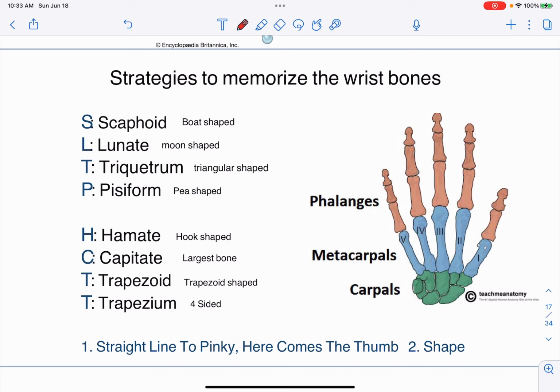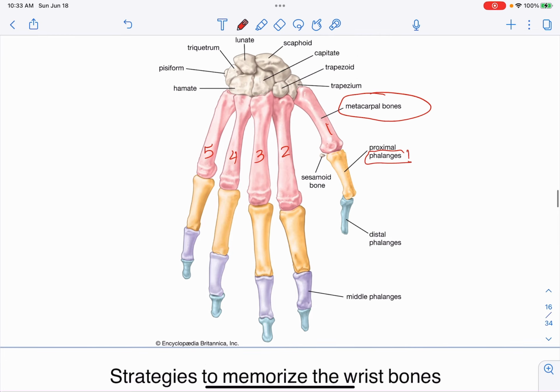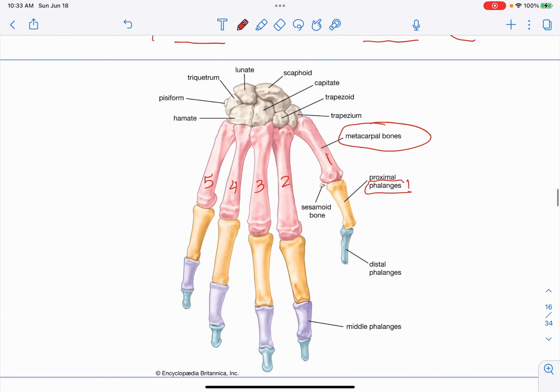This one does. It also gives you direction because depending on if I show you a left hand or a right hand, you need to be able to identify these carpals. Let me take you back really quickly to this picture so you can see the names of the bones, and then I'm going to show you the mnemonic and how it will help you.